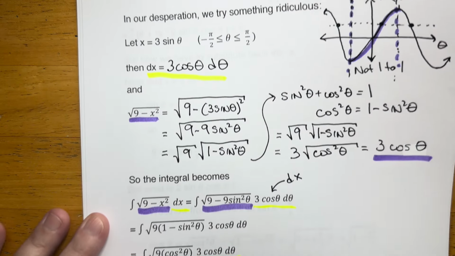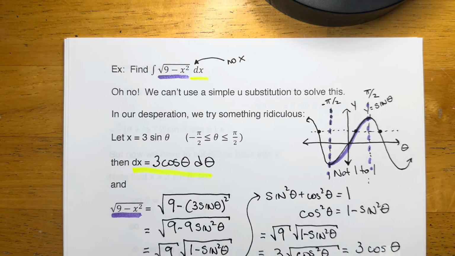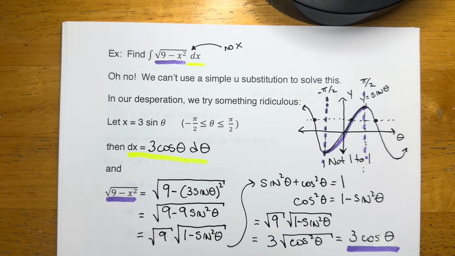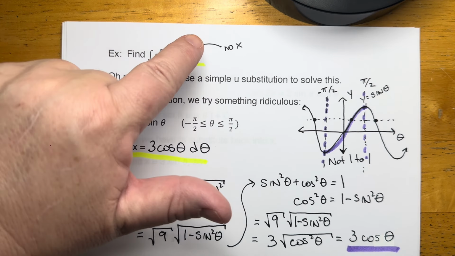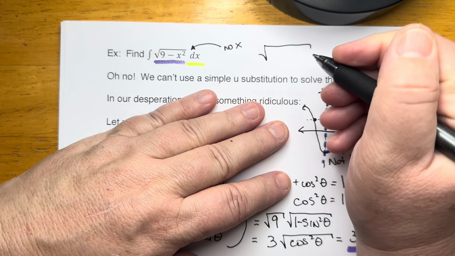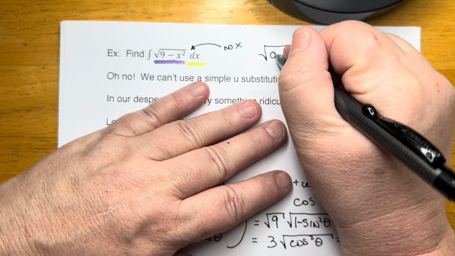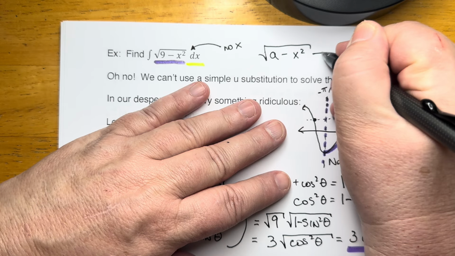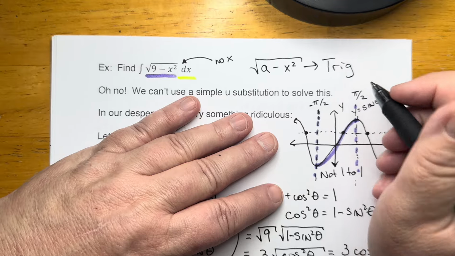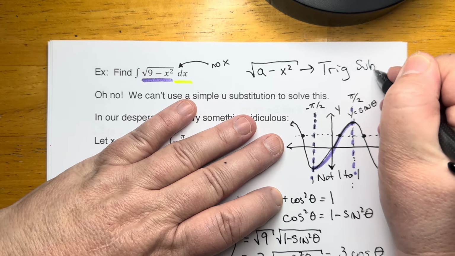So what did we do on this page? Because this is a lot. This is quite a journey. We started with x. There was no trig in sight, but because we have that square root, and if you've got a square root and a number and an x squared, that says trig substitution. Why? Because it does.